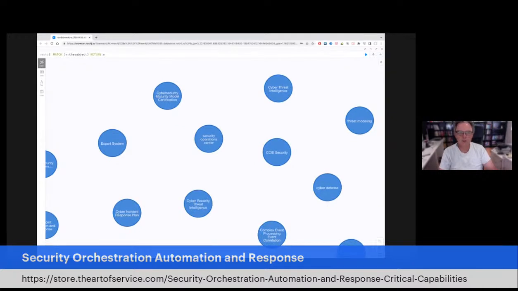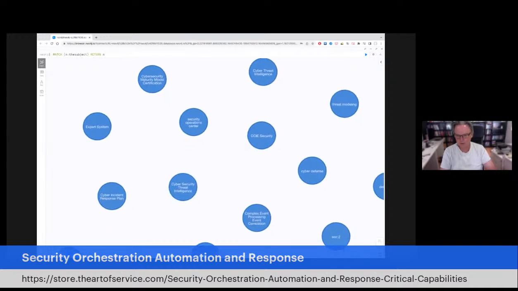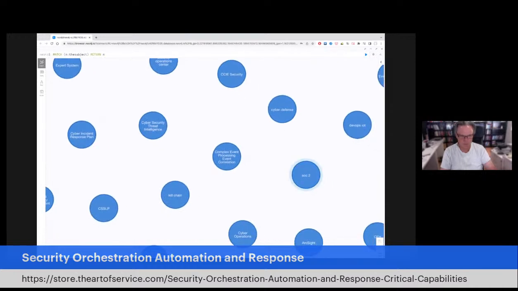So a SOAR solution typically consists of all these areas that are in place: cyber threat intelligence, cybersecurity maturity model certification, expert systems, security operations center, CCIE security. You want a lot of certifications in place, threat modeling, cyber defense, cybersecurity threat intelligence, cyber incident response plan, and the list goes on. SOC 2, big one.